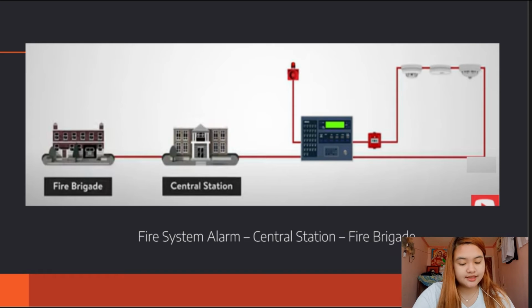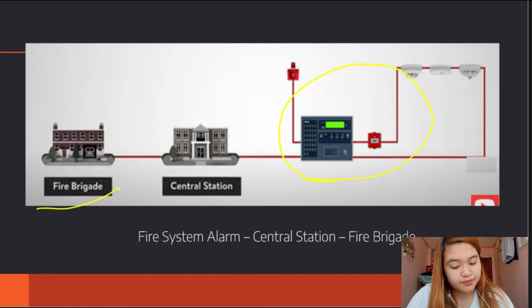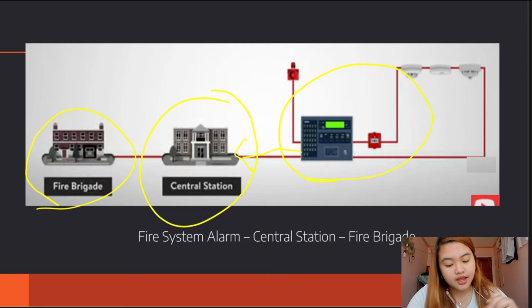In this slide, the fire alarm system may be incorporated with a remote signal, and then alert the fire brigade through the central station. So from this alarm, the signal will go to the central station, and the central station will then alert the fire brigade.